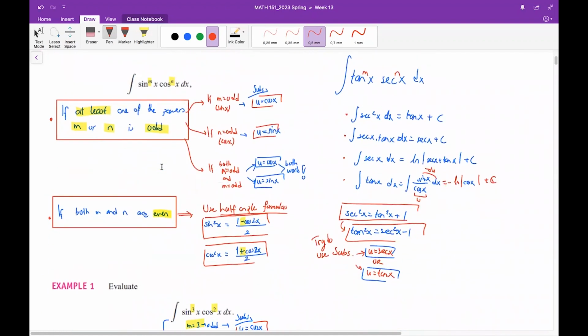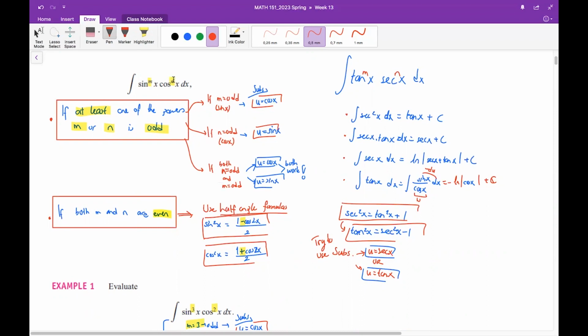We divide into two groups like that, and now I will be solving some questions from the first group. So let me summarize this diagram. You will look at the powers of sine and cosine. If at least one of the powers is odd, as emphasized here, there are certain substitutions to use. If the power of sine is odd, you will choose your substitution as the other one, cosine.